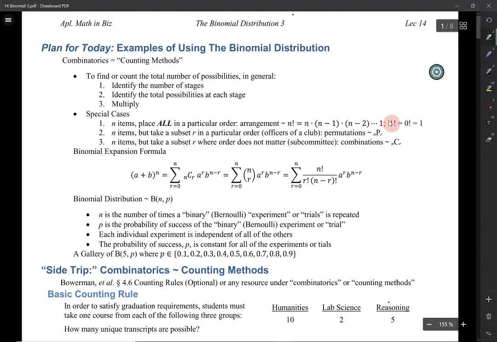By definition, 1 factorial is 1, and there's also a convention, or a way to prove, that 0 factorial is also 1. If you're interested, there's another very interesting function called the gamma function, and there's a way to associate the gamma function with this kind of permutation on the integers.